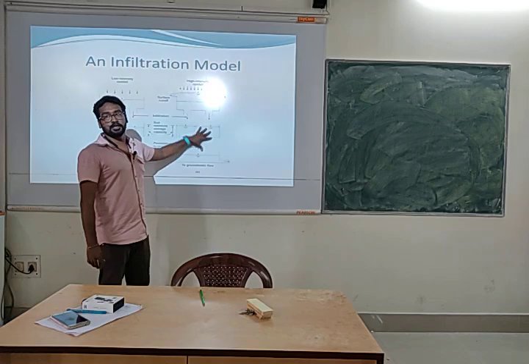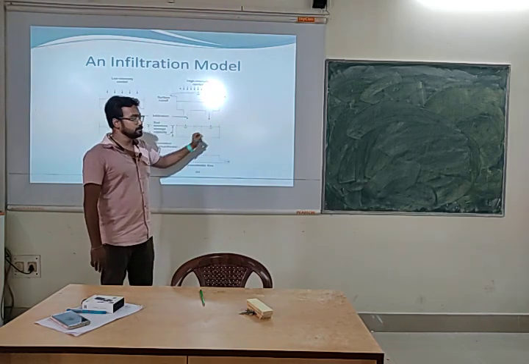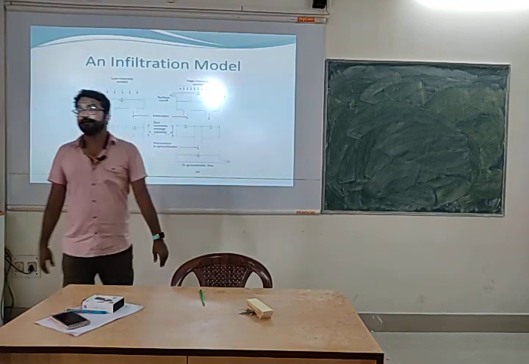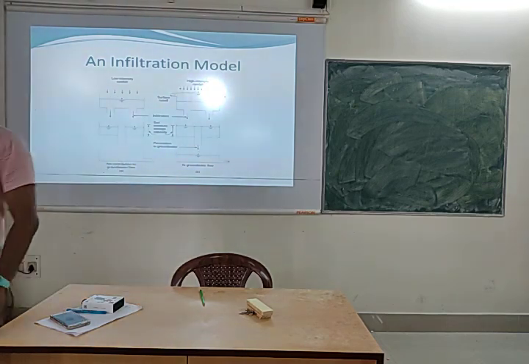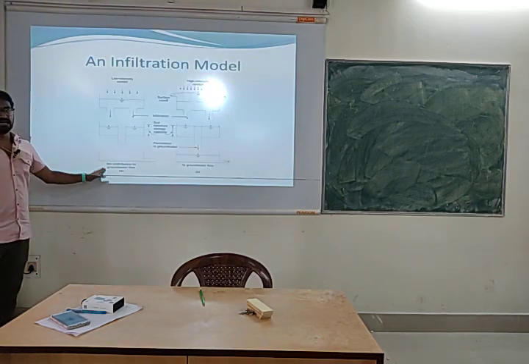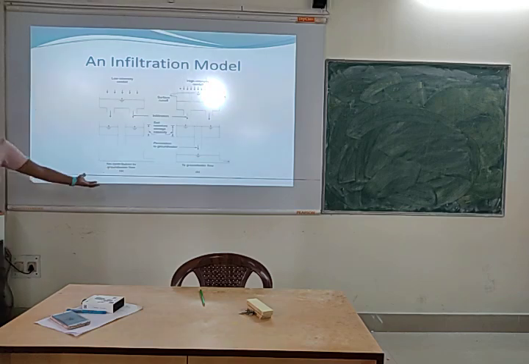Eventually, when this moisture content is saturated, the excess water will go to the groundwater table. This is one model of how infiltration is happening and what the procedure is. Here you can see, as it is not saturated, there is no contribution to the groundwater table.